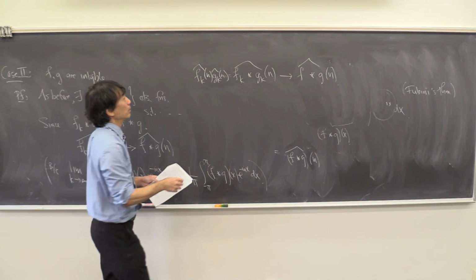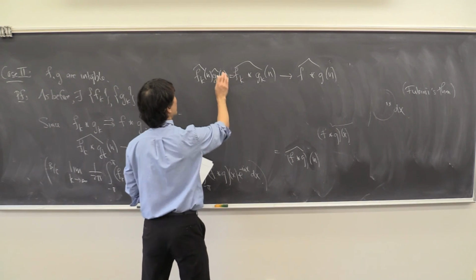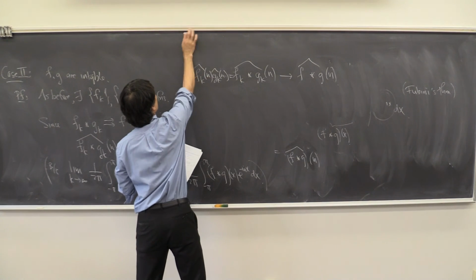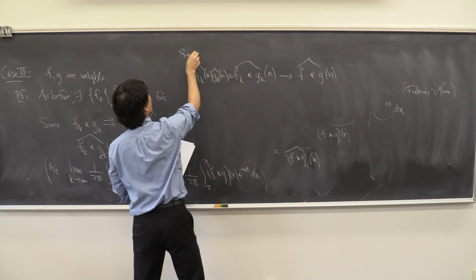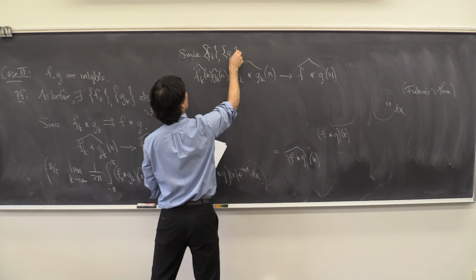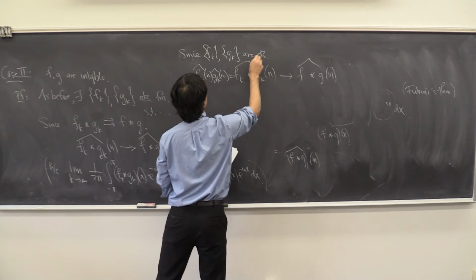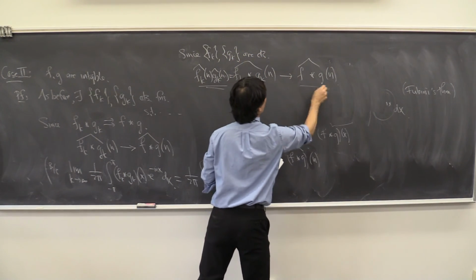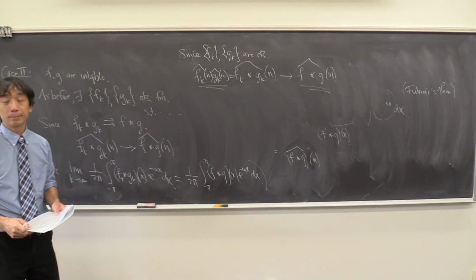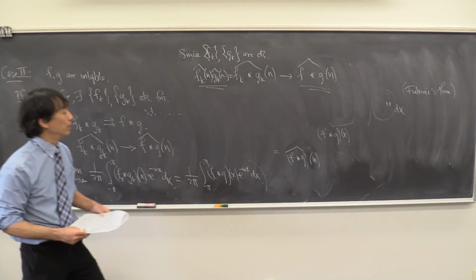So since f_k and g_k are continuous, this thing turns into that thing.